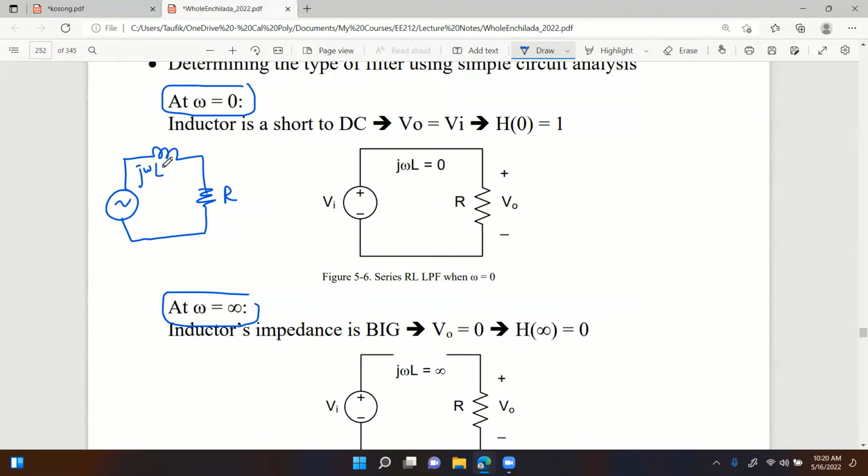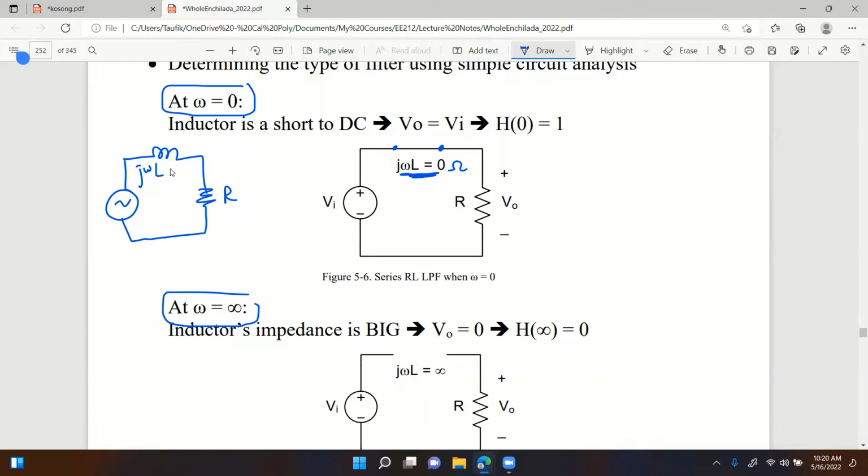What's going to happen with the inductor when omega is equal to 0? Well, when omega equals 0, j omega L becomes 0. So j omega L becomes 0 ohms. How do you represent 0 ohms? By a short like this.